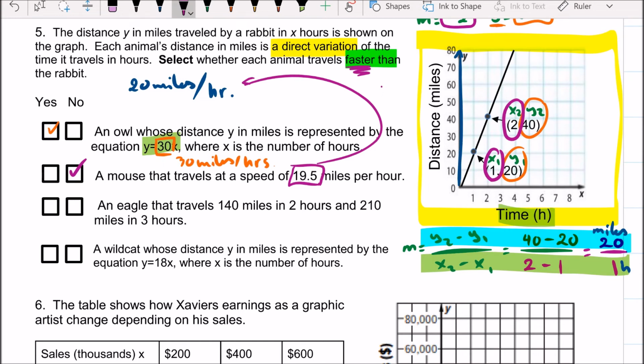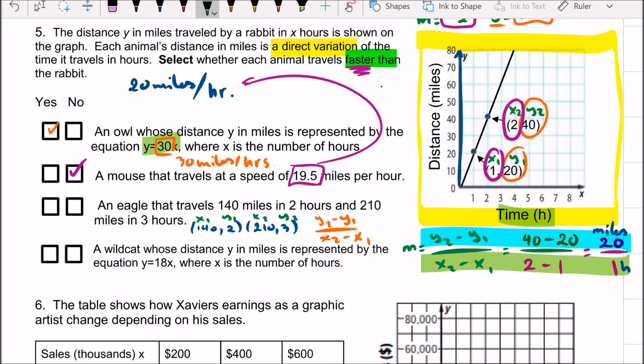An eagle that travels 140 miles in 2 hours and 210 miles in 3 hours. What I'm going to do is find the slope of this one. So 140, 2 and 210, 3. Slope formula, y2 minus y1 over x2 minus x1. So we're going to label this again, x1, y1, x2, y2.